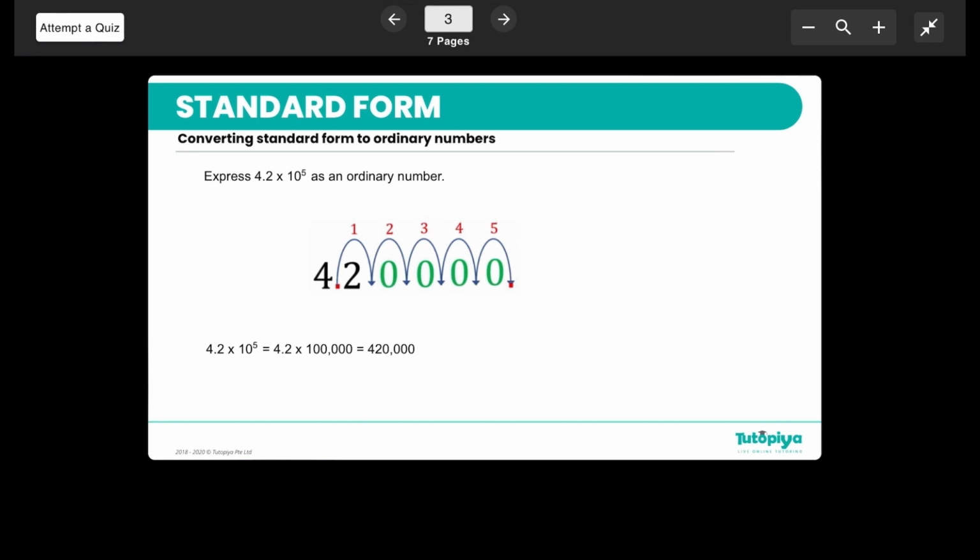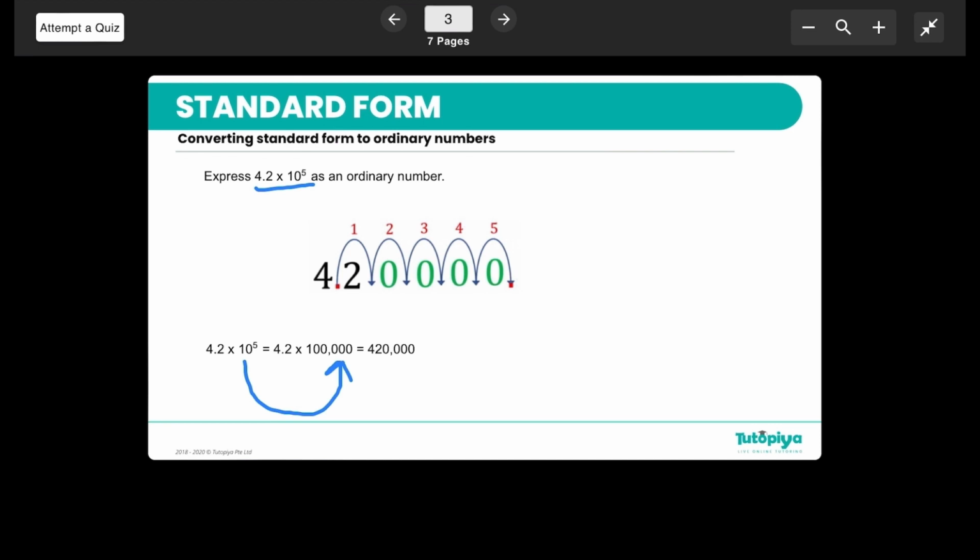So for example, if we have 4.2 times 10 to the power of 5, how do we write this in normal form? First thing, 10 to the power of 5, you can convert it in terms of 100,000, and then we are multiplying across. So remember, this is basically 5 decimal places movement to the right.